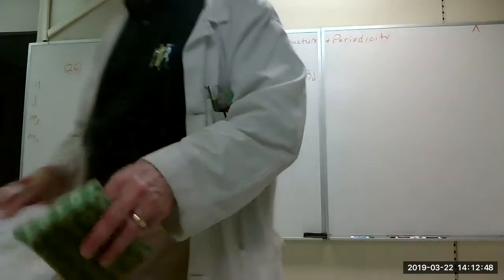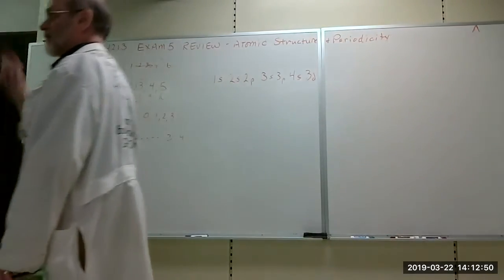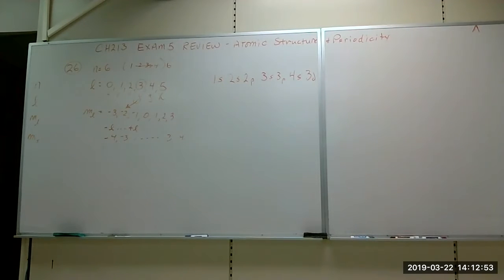The other way that you can remember that is the periodic table. Because you're going 3s, 3p, then 4s, then 3d, then 4p, 5s, 4d, 5p, 6s, and then 4f.